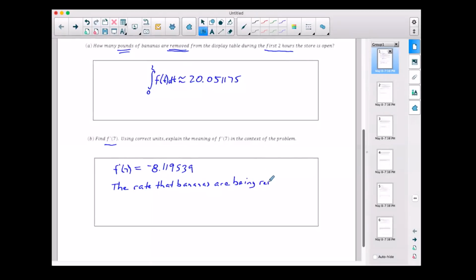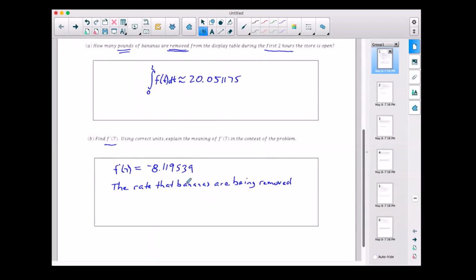So think about what I just wrote real quick. What I just wrote is the rate that the bananas are being removed. All of that is literally just a long-winded way of saying F, right? F was the rate that bananas are being removed.